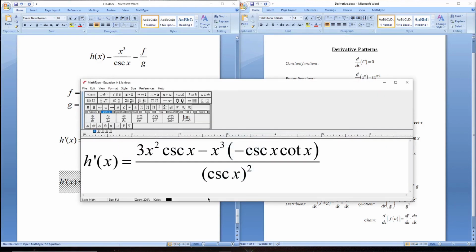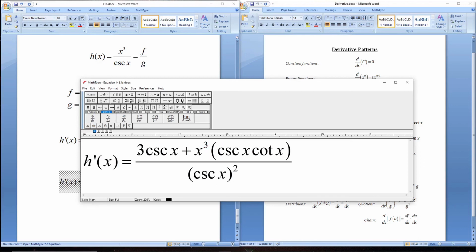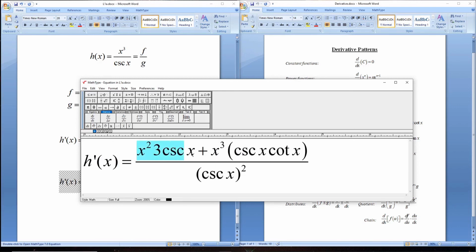And then we'll do our best to clean this up. So a minus times a minus is a positive. And if we look here, this has x squared. So this term has 2 x's. This term has 3 x's. So we can factor out at least 2 of those x's. And this term has a cosecant, and this term has a cosecant. And so we can factor that out as well.